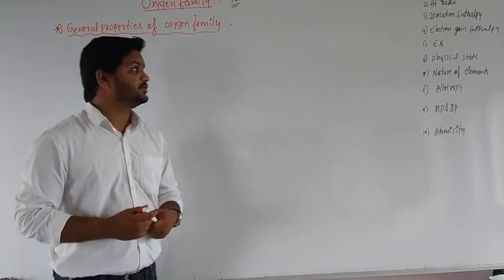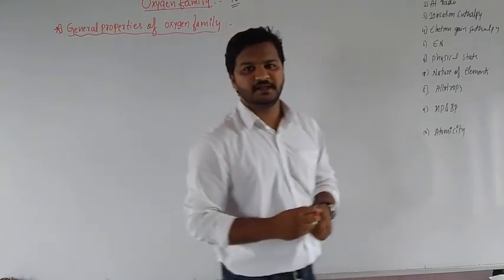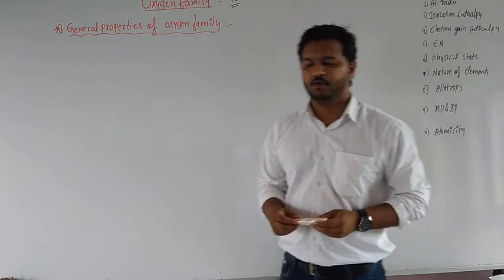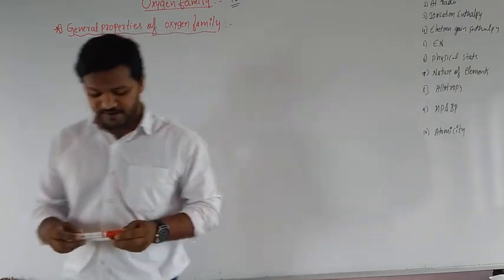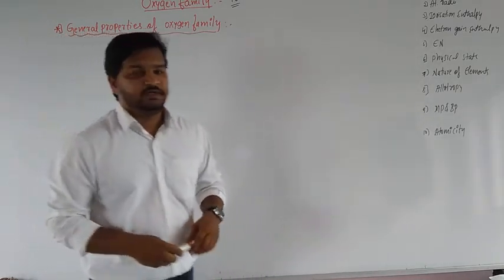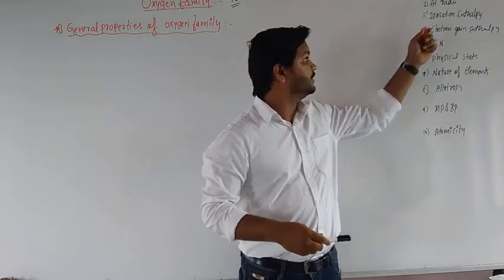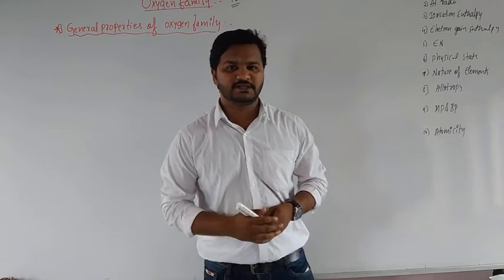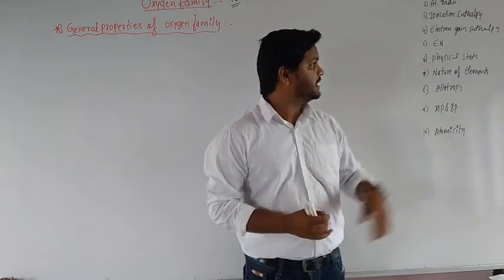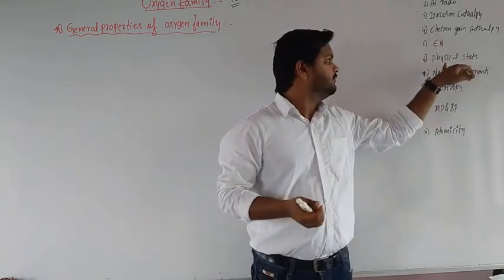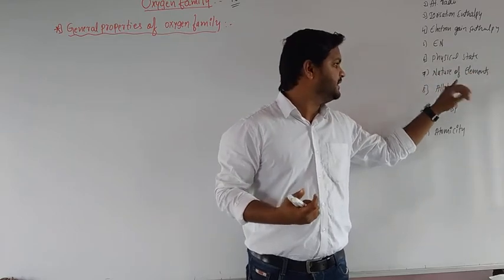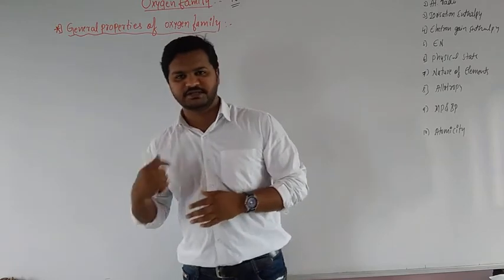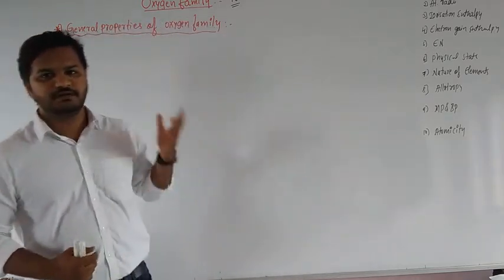Now students, the next concept is some general properties of the oxygen family: electronic configuration, atomic radii and ionic radii, ionization enthalpy, electron gain enthalpy, electronegativity, physical state, nature of elements, allotropy, melting point, boiling point and atomicity of group 16 family.